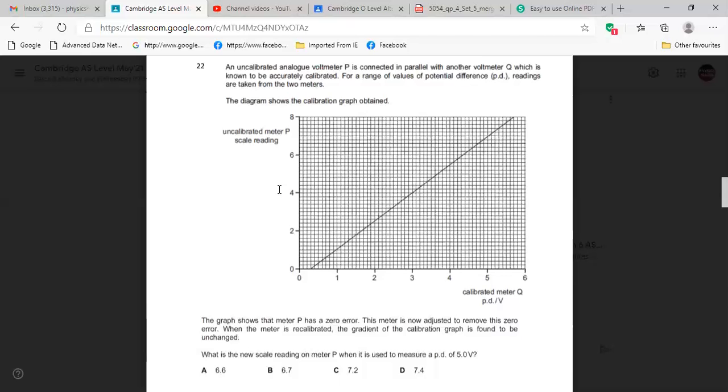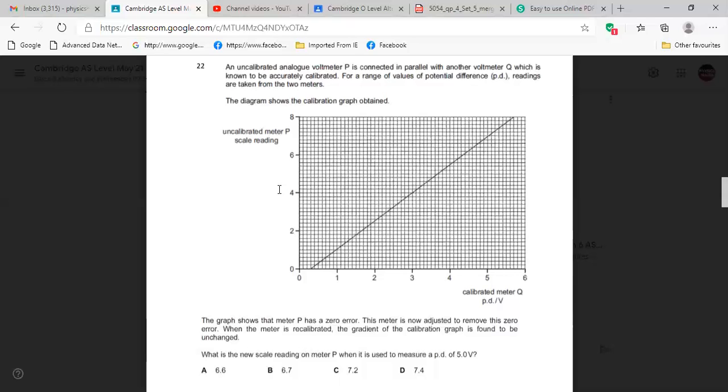Yes, sir. So you write these two points. First point, what did you write? The first point I said, if zero error is removed, then the graph will go through the origin. Yes, sir. That one you write.